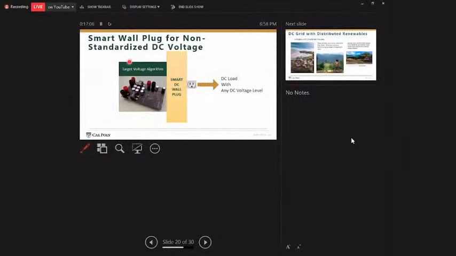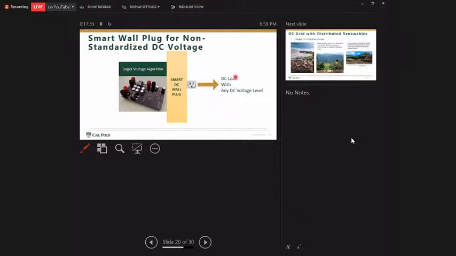Quickly, this is the smart wall plug. One problem with DC loads is that they are not standardized, unlike AC. In Indonesia, you buy an AC appliance and they're all standard, 220 volt AC RMS. But when it comes to DC, it's all over the place. Some DC loads are 12 volts, others 24, another one 5 volts. So are you going to provide multiple wall plugs?